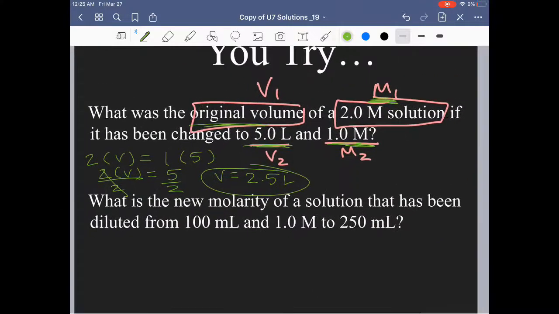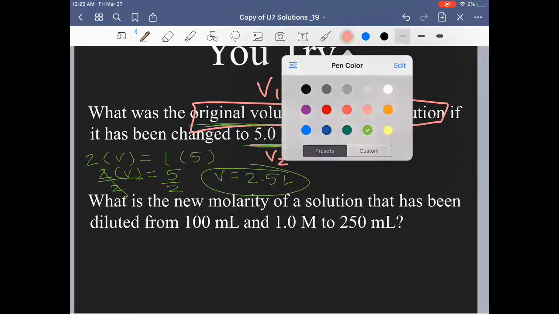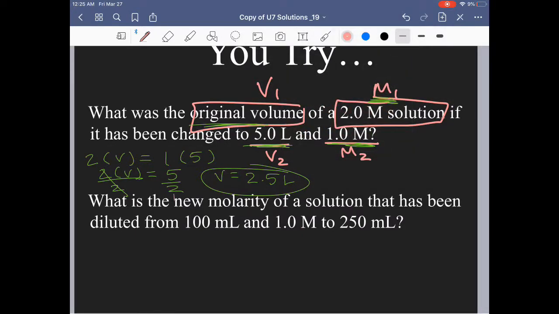All right. And now let's take a look at your last example. What is the new molarity? So I'm looking for the new one, M2, of a solution that has been diluted from, meaning this is what we started at, 100 milliliters, there's my volume, and 1 molar.